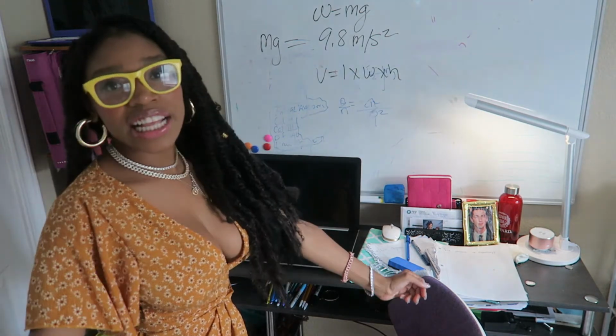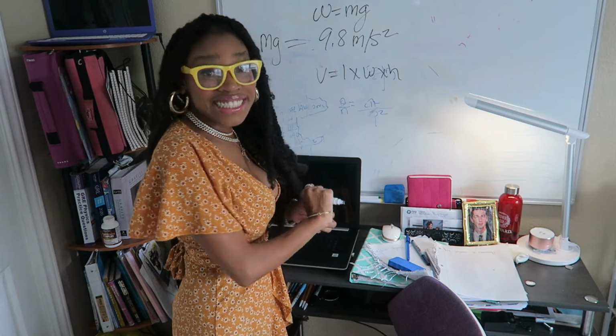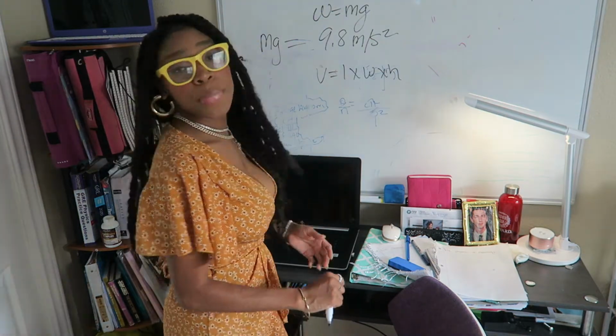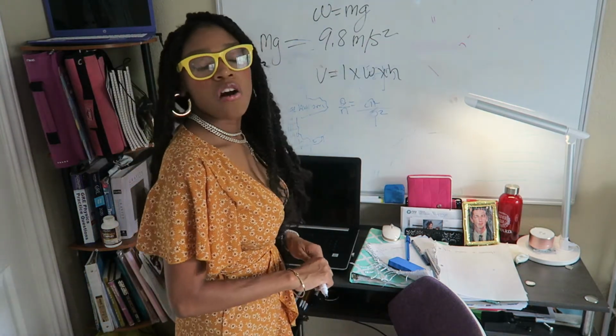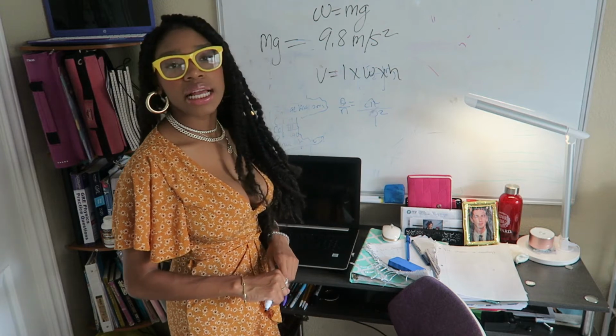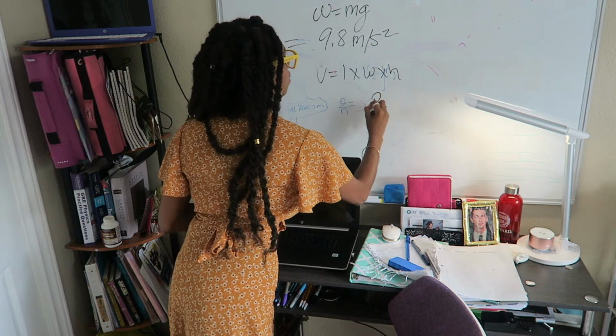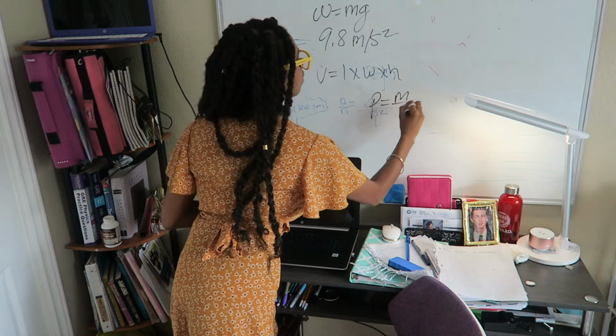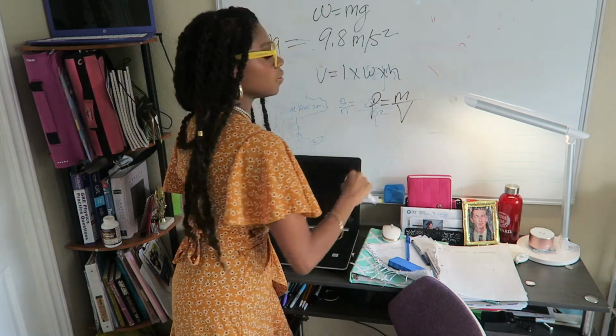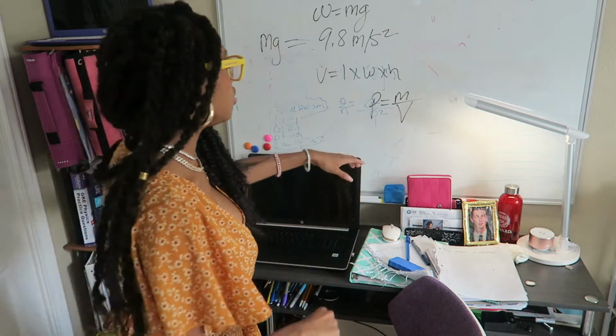Okay, the next thing we're going to talk about is density. The most basic form of measuring density is rho equals m over V, that's mass over volume.